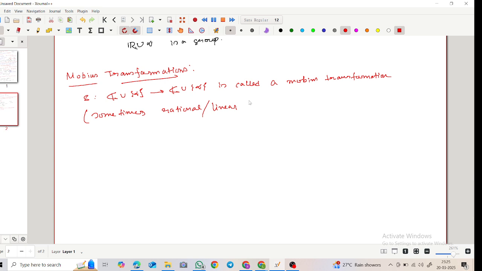Don't confuse this linear transformation with the usual one.